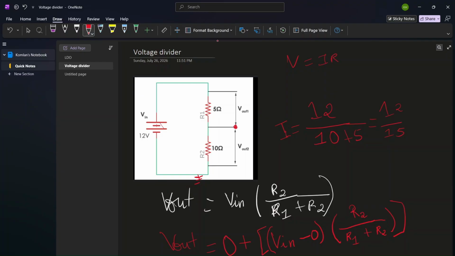As I said earlier, I'm trying to really tell you guys where this stuff is coming from, because I know in the beginning this stuff sometimes can, if you memorize it, it's great, but if you don't really understand it, in the long run, if you forget the formula, things can be a little bit difficult. But basically, this right here, all divided by R1 plus R2 is really coming from there, because there's a voltage drop across all these resistors.